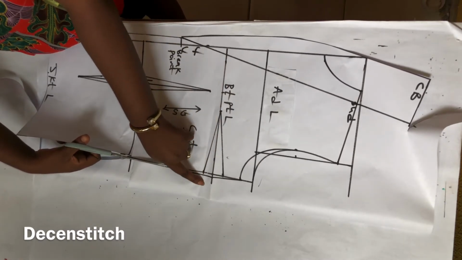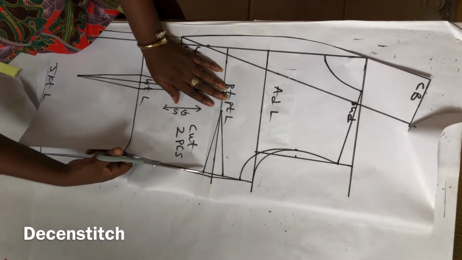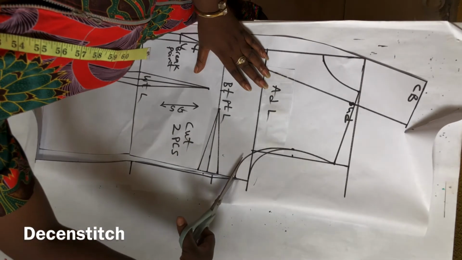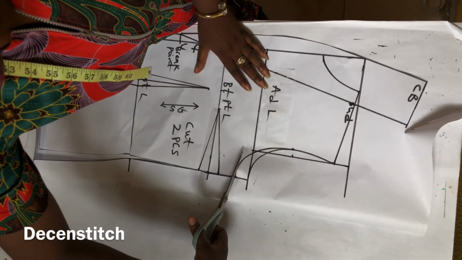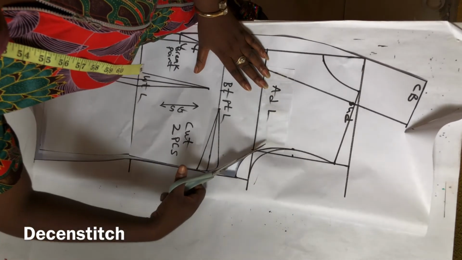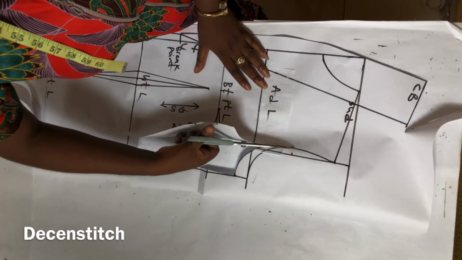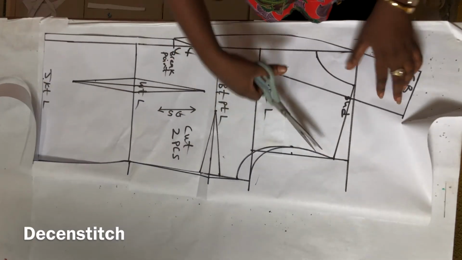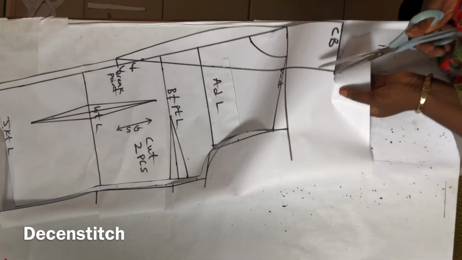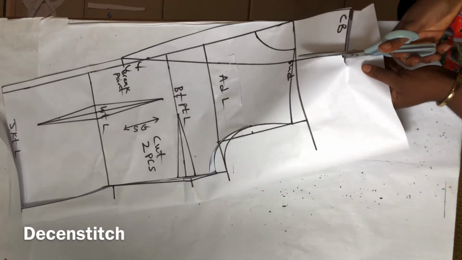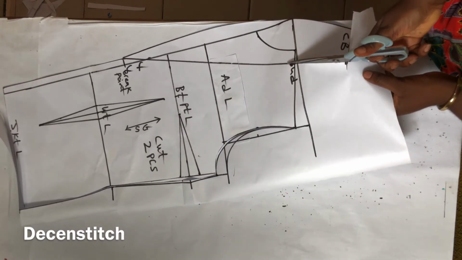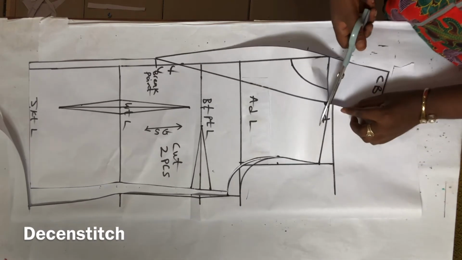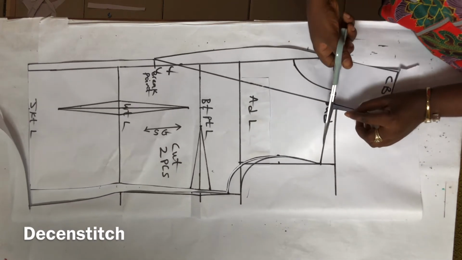But if the extended line works for you, then you cut through the extended line. I'm going to cut the slanted line. That is going to be my shoulder.